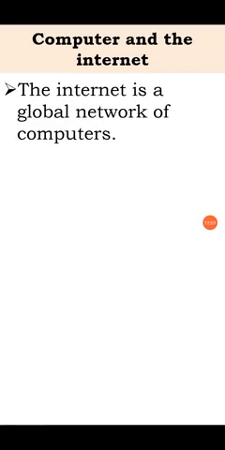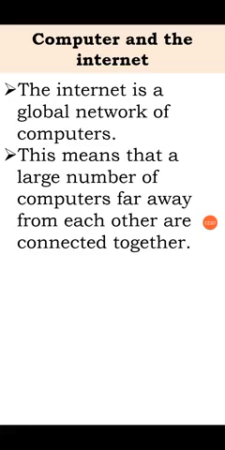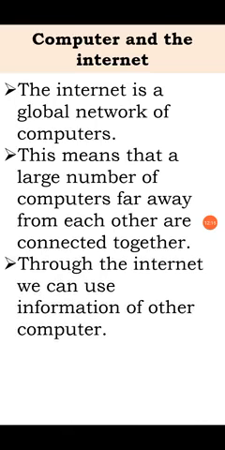Computer and the internet. The internet is a global network of computers. This means that a large number of computers far away from each other are connected together. Through the internet we can use information of one computer, information of other computers.